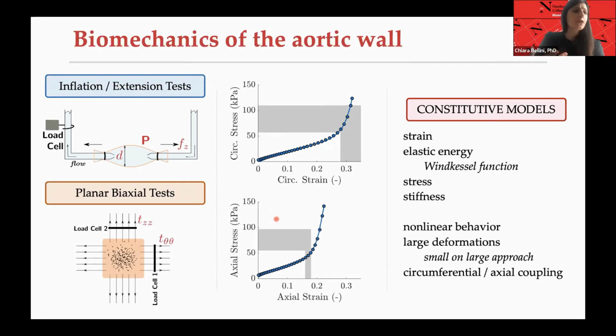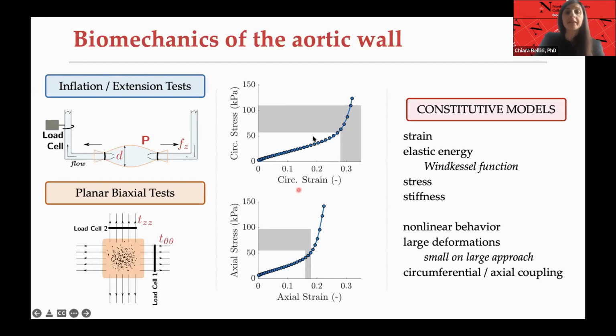We're particularly interested in the elastic energy as it measures the Windkessel function, and so the ability of the aorta to deform under systolic loads and then recoil to augment diastolic blood flow.